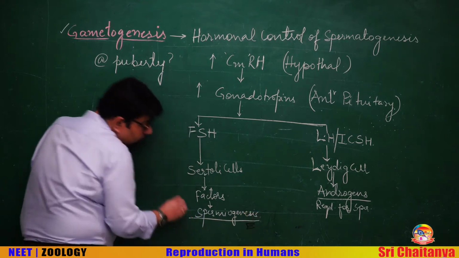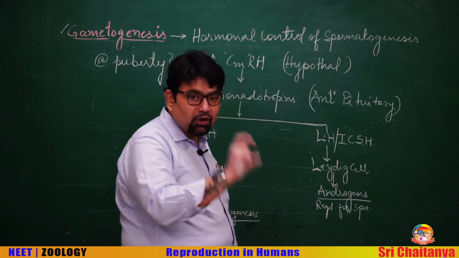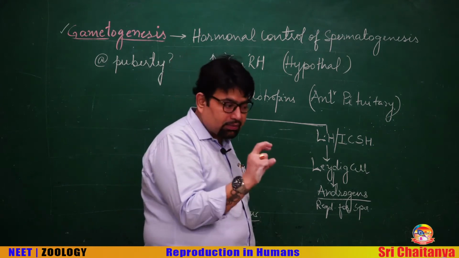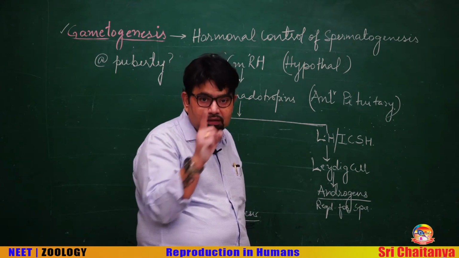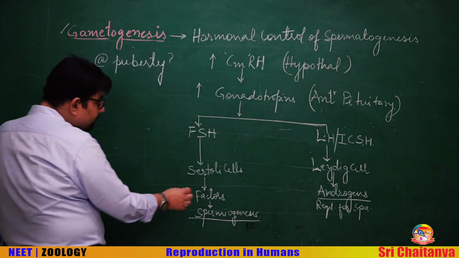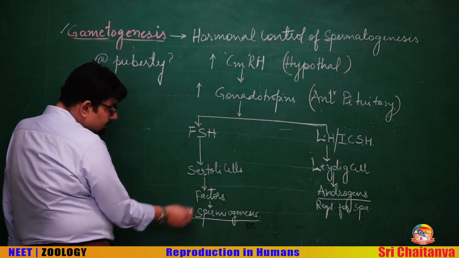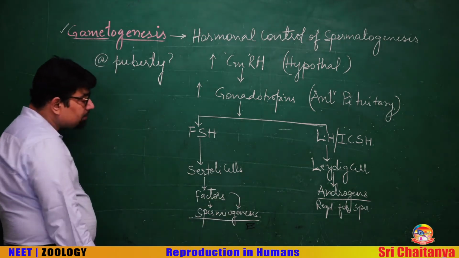Students, I want you to recall what spermiogenesis is. That is the transformation of a spermatid, an immature cell, into a differentiated sperm. Factors released from Sertoli cells help in spermiogenesis.